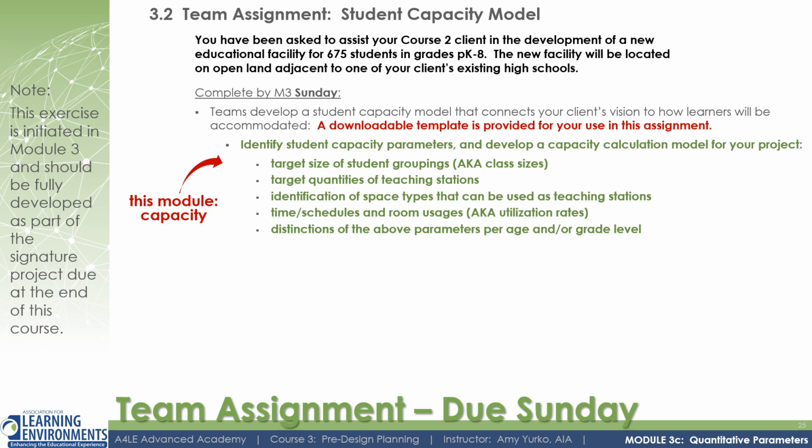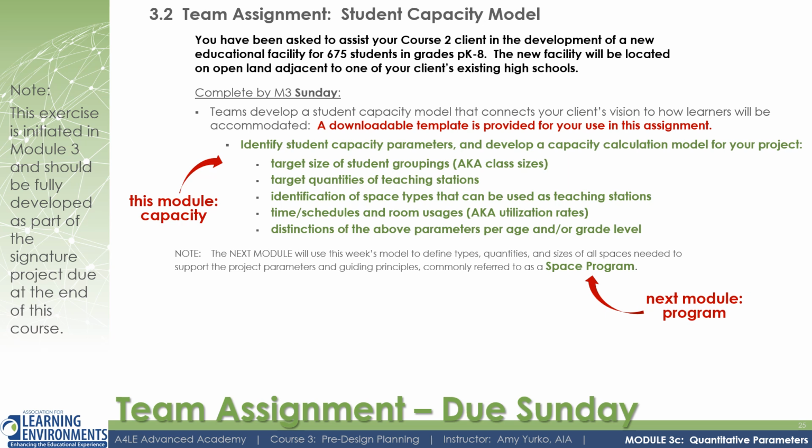This module will cover student capacity parameters, and those include target size of student groupings, also known as class sizes, the target quantities of teaching stations, the identification of space types that can be used as teaching stations, and distinctions of all the above parameters per age and or grade level.